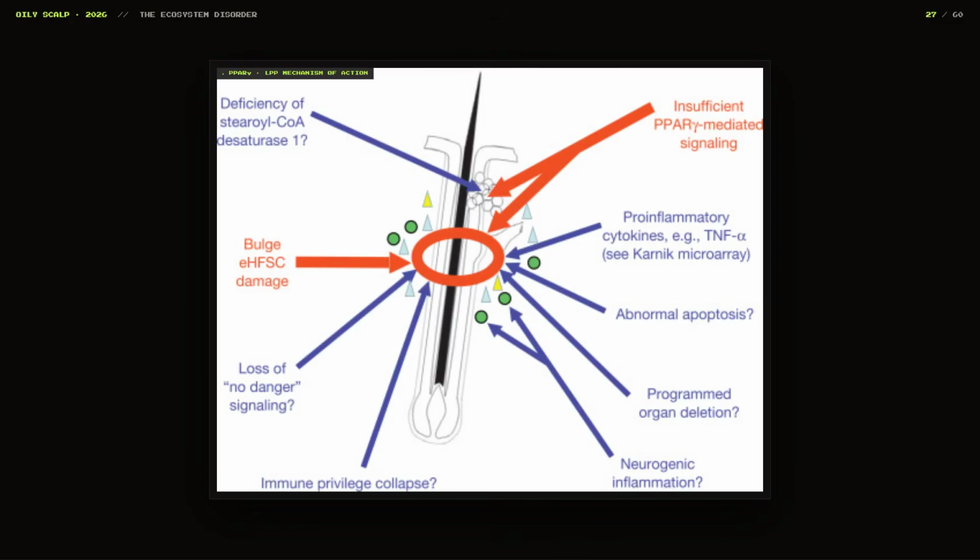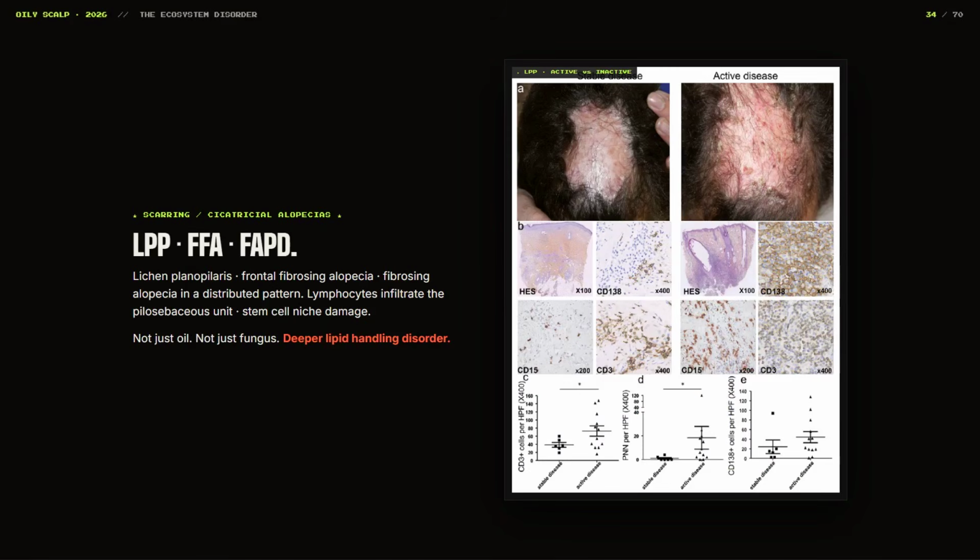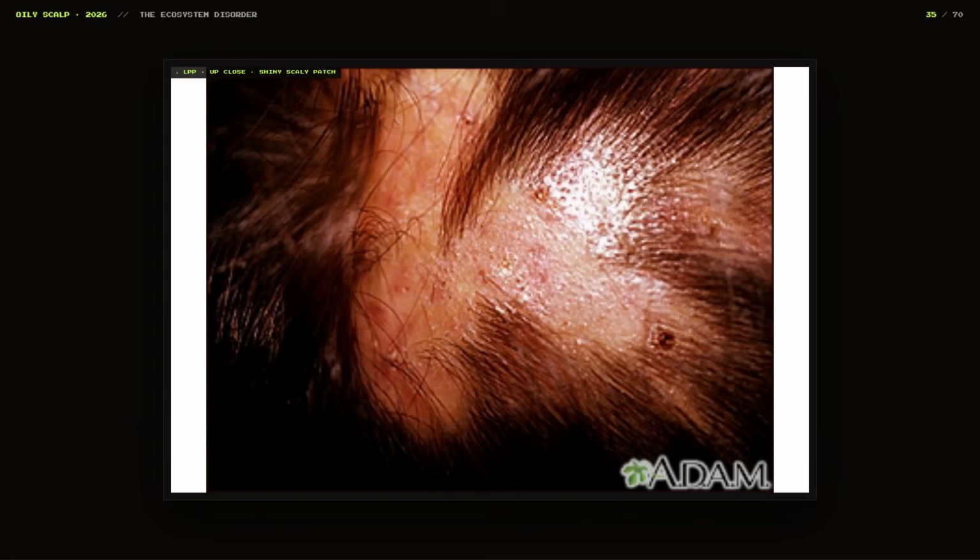If you have an underactive PPARγ receptor, this means that you're going to have a lipid-rich environment. And when there's too much lipids in an environment that can't properly regulate those lipids, you're not only going to get a microbial overgrowth of some kind, whether it's chronic seborrheic dermatitis, a sort of weird acne of the scalp, damn near folliculitis in some cases, but there is some connection to autoimmune conditions, specifically scarring or cicatricial alopecias like lichen planopilaris, also known as LPP, along with its related conditions like frontal fibrosing alopecia or fibrosing alopecia in a distributed pattern.